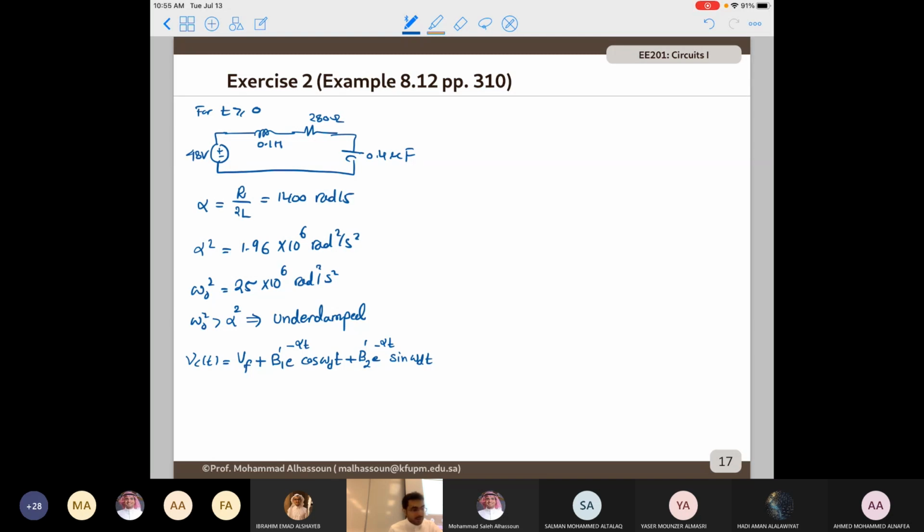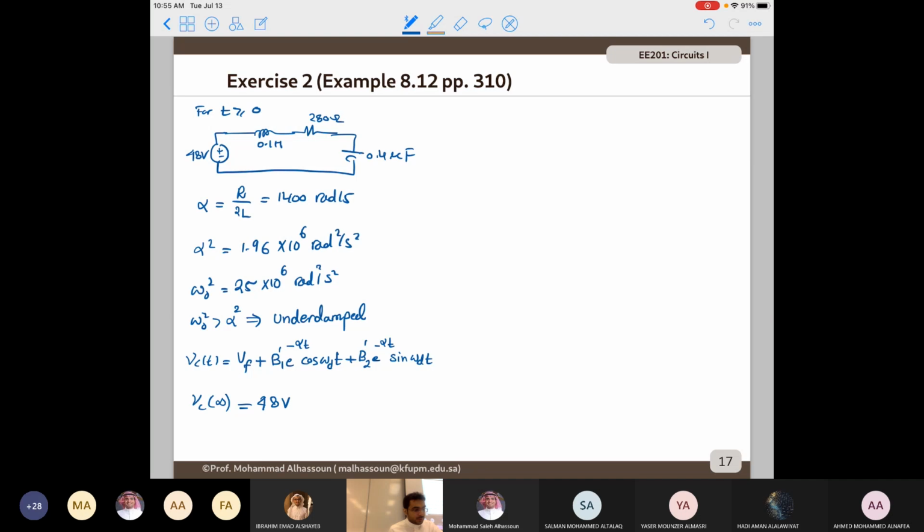So let's start with the final value. What is Vc as t approaches infinity? Ibrahim? Maybe 48. Exactly, 48. When the switch has been closed for a very long time, the inductor will behave like a short circuit, the capacitor will behave like an open circuit, and we will have 48 volts across the capacitor.